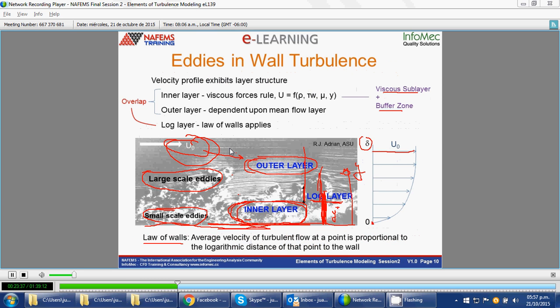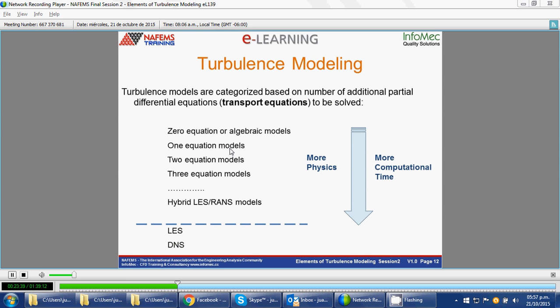If you only use one PDE to describe this mu t, then it's called the one equation model. Two equation model, I just talked about that. Maybe you have three equations, so these are maybe three PDEs. That's what it means. Two equation models are two PDEs, and one PDE and so forth.